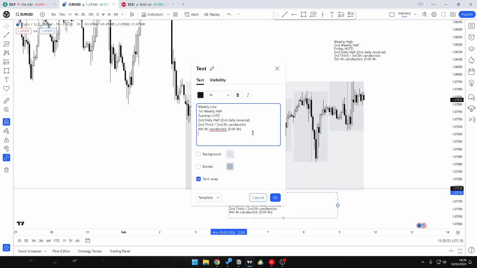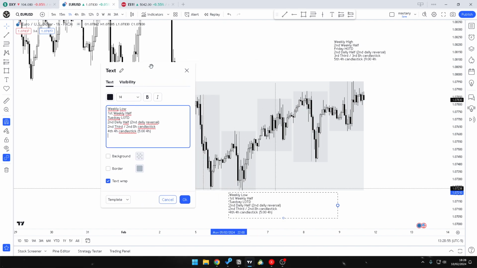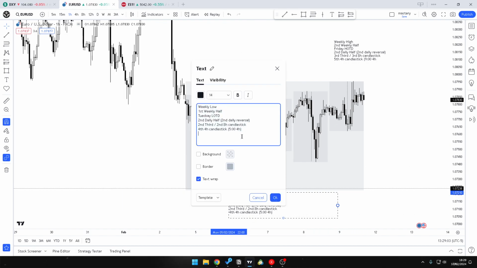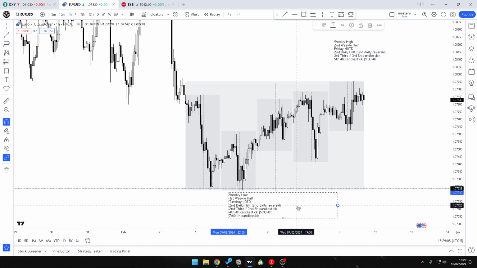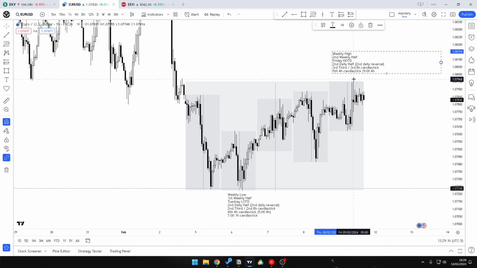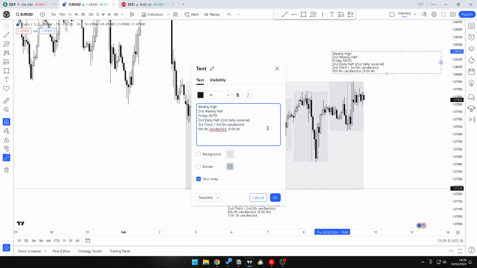If I count 1, 2, 3, 4, it was made on the 7th 1-hour candlestick. The low of the week, and the high of the week was made on the 9th 1-hour candlestick.